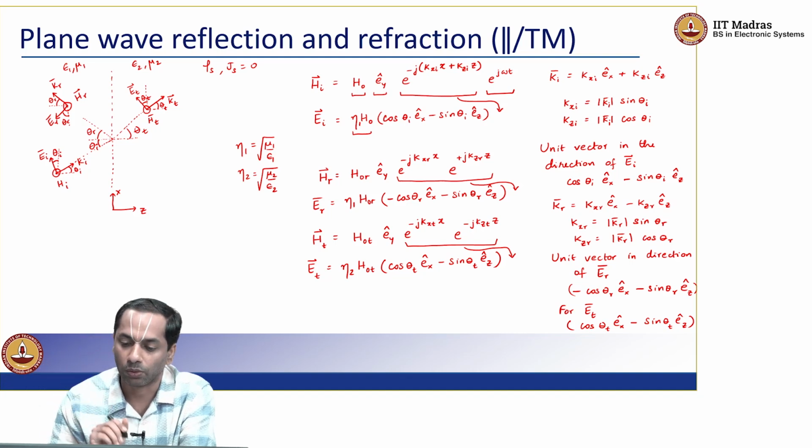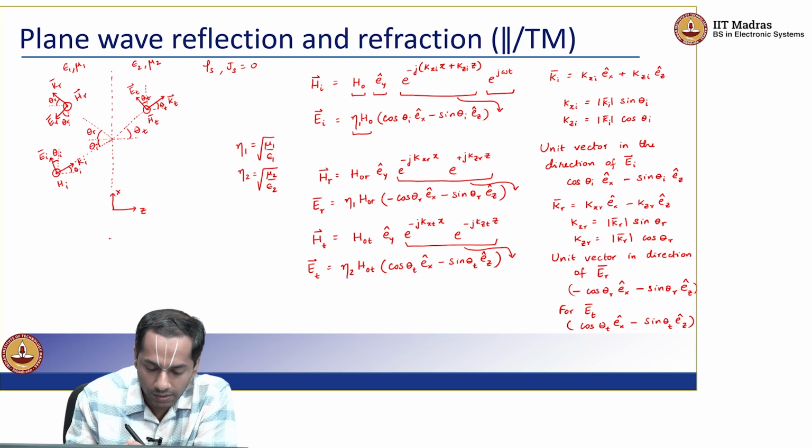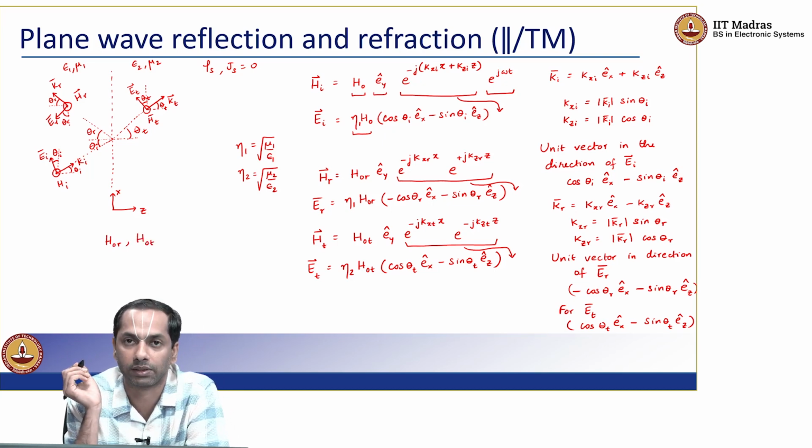So, what are all the unknowns here? Assume that H naught is given to you, that is the incident beam. The unknowns here are H0R and H0T, we do not know those constants.